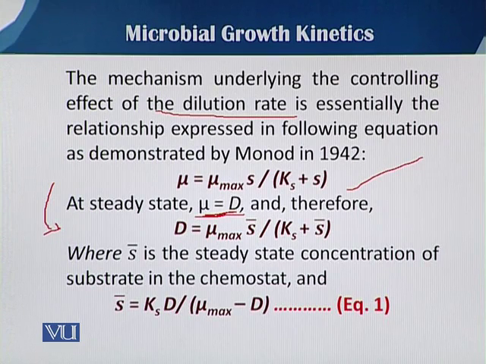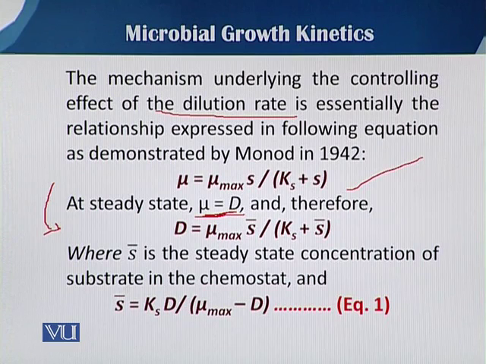The minor difference from the previous equation is between S and S bar. S bar is the substrate concentration when the culture is in steady state, the residual substrate concentration.